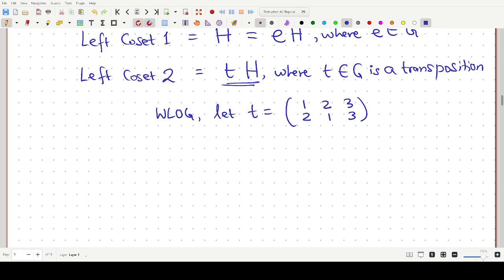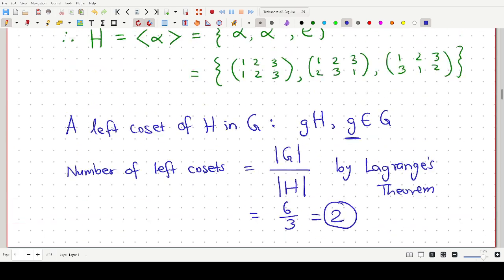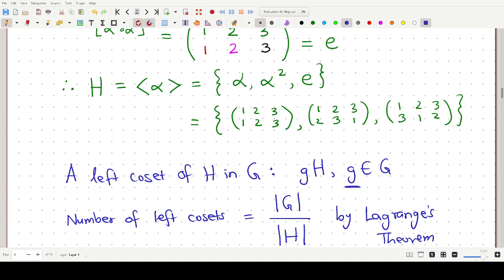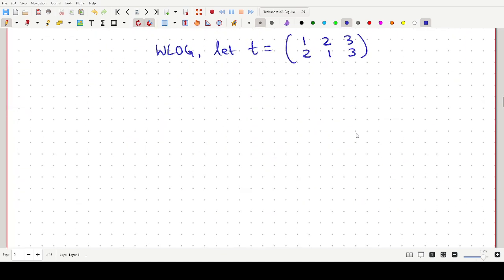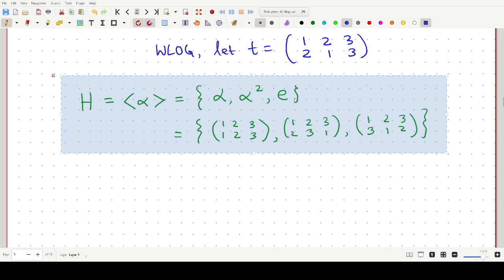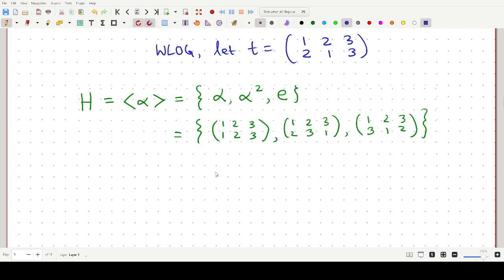Now, we remember that H is the same as 1, 2, 3, 1, 2, 3; 1, 2, 3, 2, 3, 1; 1, 2, 3, 3, 1, 2. Right? Let us bring that over here. We'll choose each of the elements one by one and we shall get going. Let us first take our T element 1, 2, 2, 1, 3, 3.